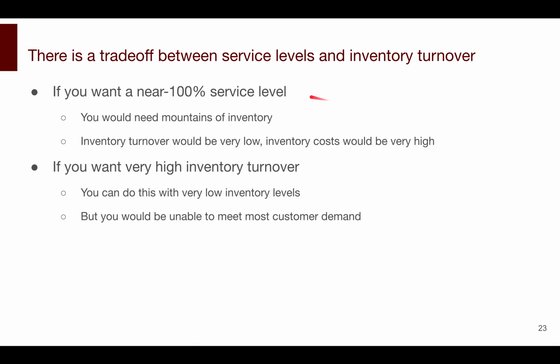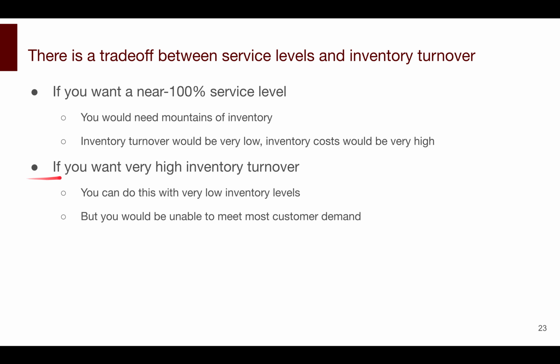So because of this, these two metrics actually have a trade-off between them. So life is all about trade-offs. So if you want a super high service level, you can do this by having mountains and mountains of inventory, but your inventory turnover would be very low and your inventory costs would be very high.